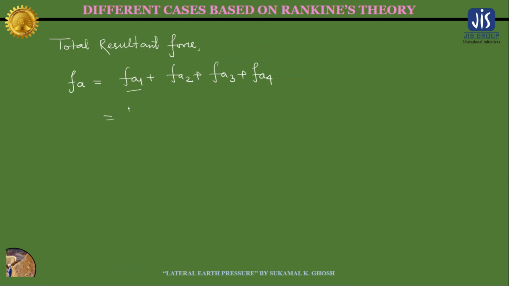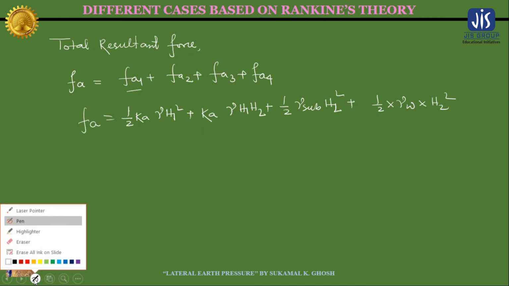The value of Fa1 is half Ka gamma H1 square. The Fa2 is Ka gamma H1 into H2. Fa3 is half into gamma submerged into H2 square, and the value of Fa4 was half into gamma W into H2 square. This is the total resultant force, or the total active earth pressure force.